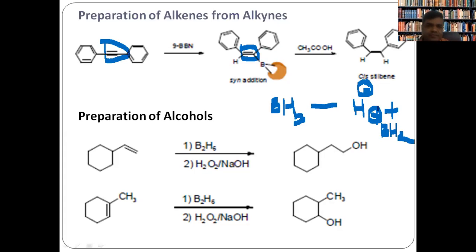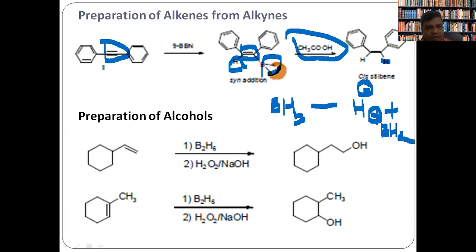The same case is here. This hydride ion and the boron part add across the carbon-carbon double bond. Here also, hydrogen and this boron part add across the carbon-carbon bond. After that, with acetic acid or propionic acid, this boron part is replaced by hydrogen.